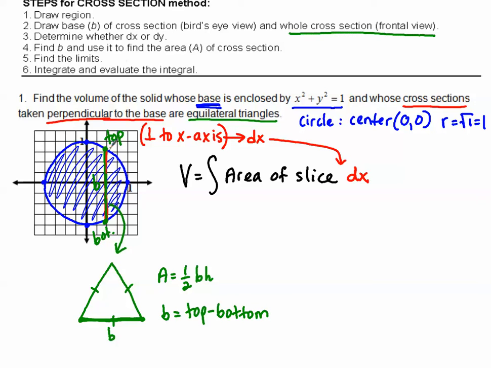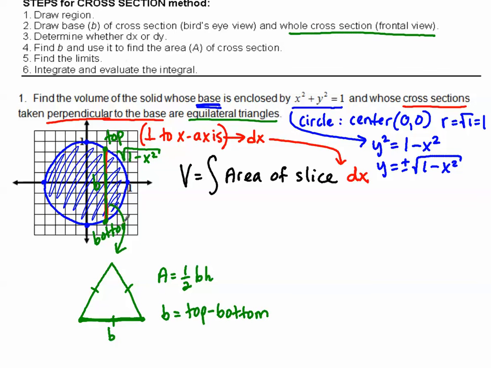Well, if it's on top, that's half of the circle, and if it's with respect to x, I have to take my equation of the circle and solve in terms of x. So y squared equals, subtract x squared, 1 minus x squared, then take the square root, plus or minus the square root of 1 minus x squared, where the top half is the positive square root of 1 minus x squared.